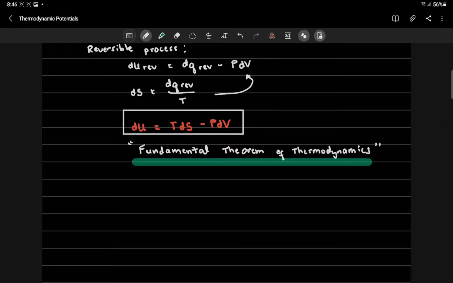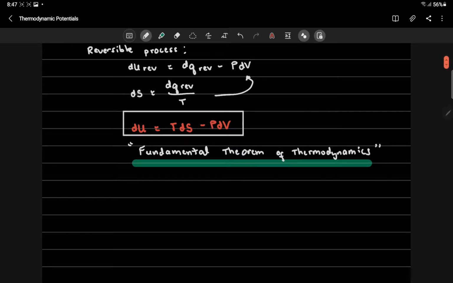Now, anong application ng equation na ito? So, if you look at the equation, okay, dU equals TdS minus PdV. So, gaya ng sinabi ko, pinagsama na dyan ang first law at second law of thermodynamics. Now, the equation looks like it suggests that si internal energy is actually a function of entropy at saka ni volume. Paano ko yun nasabi?